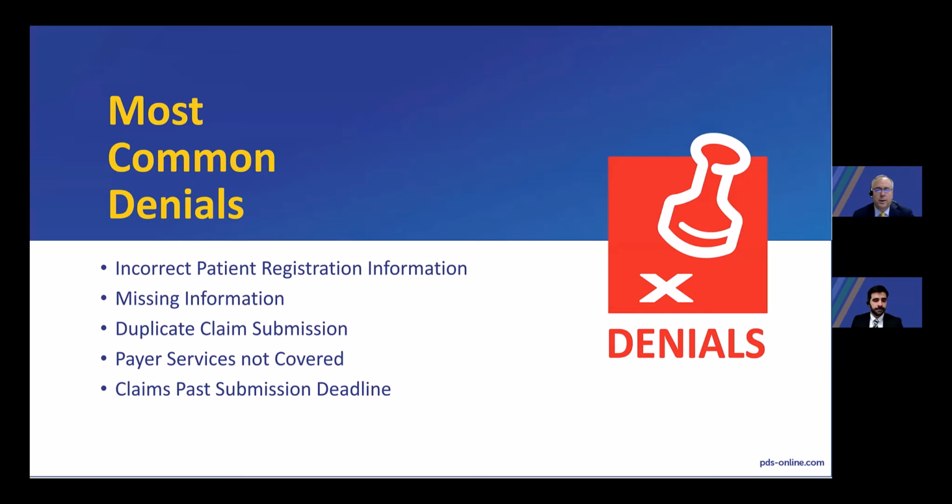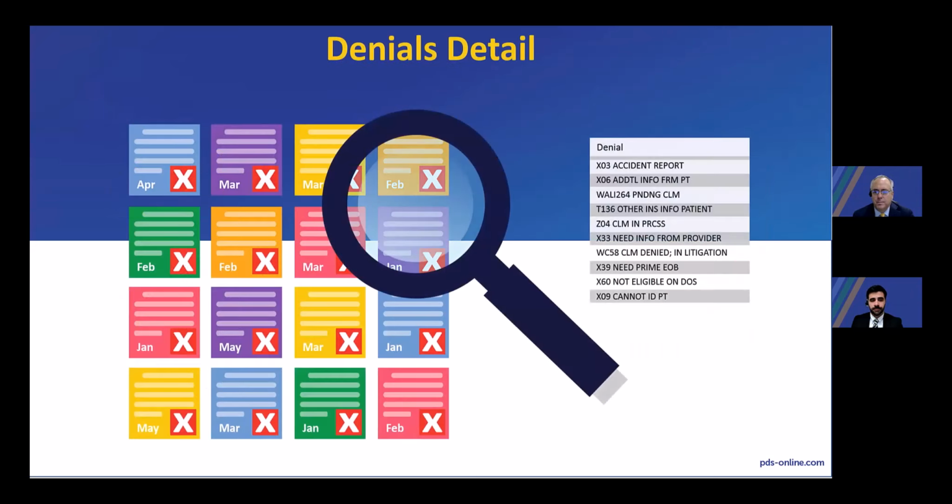Great places to start. What's interesting is if you really dig behind the denials, and I'm sure probably everybody on this webinar today has done this, if you actually look at the denial detail that comes back in the electronic posting, you'll see things like denial codes that have this X03, Z04.